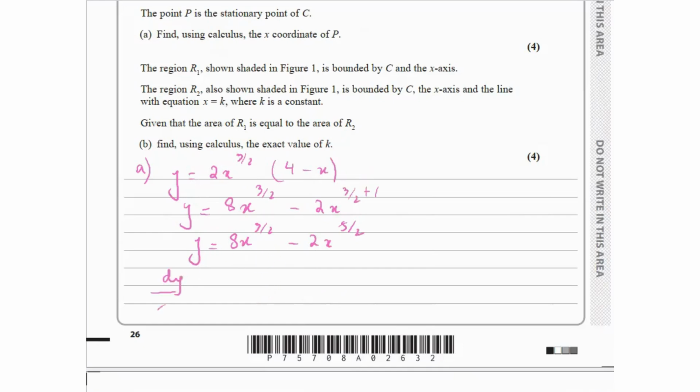Now we differentiate this. Bring the power down, subtract 1 from the power, so 3 over 2 times 8 times x to the power of 3 over 2 minus 1, minus 2 times 5 over 2 times x to the power of 5 over 2 minus 1.